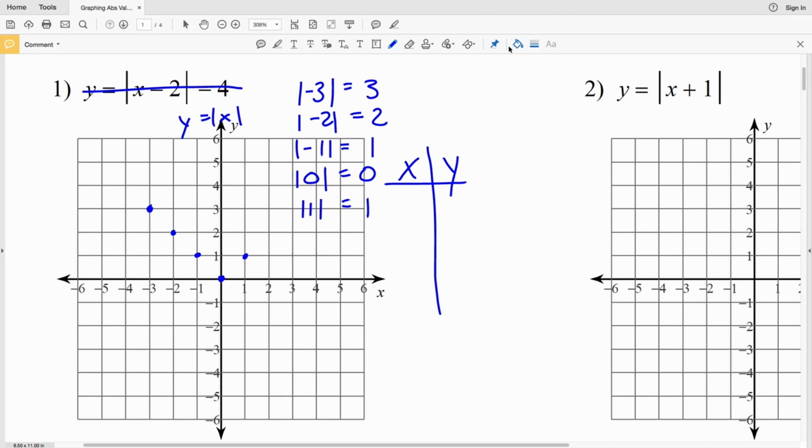So you can see the turning point occurs when that absolute value was equal to 0. It's a straight line until the turning point, and then it's a straight line past the turning point. So we have a negative slope, and then immediately we have a positive slope, and all of that changes at the point 0, 0.